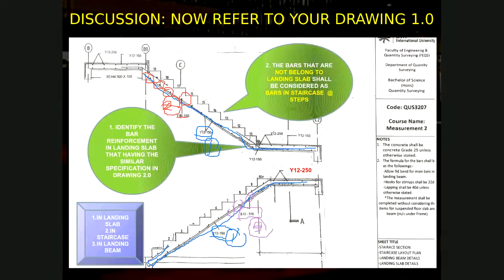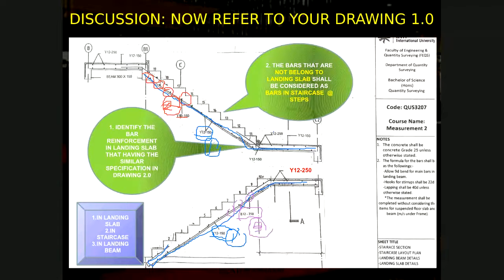Okay, class. So you can see how we identify the bar reinforcement inside the staircase element. First, you have to identify the bar reinforcement inside the landing slab. Number 2, you measure either in landing beam or in the staircase. Then we complete all the measurement.